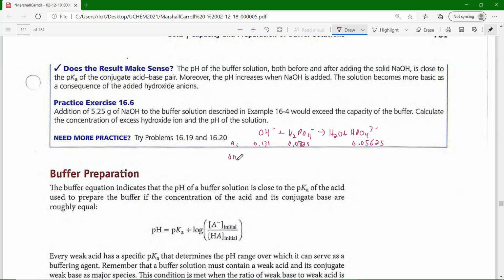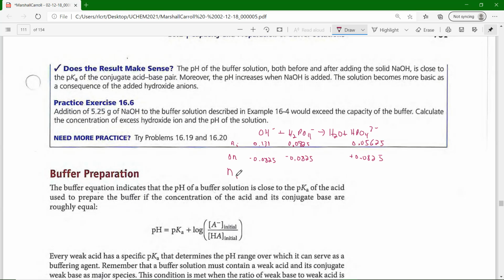My change in moles, well, you see here that we've destroyed the buffer because I put in more hydroxide than the H2PO4- had. So I lose all the H2PO4-. I lose the same amount of the OH-, and I gain 0.0825 of the HPO4 2-.